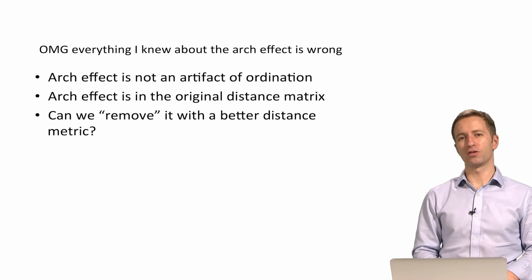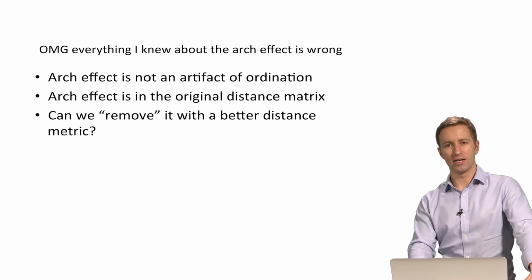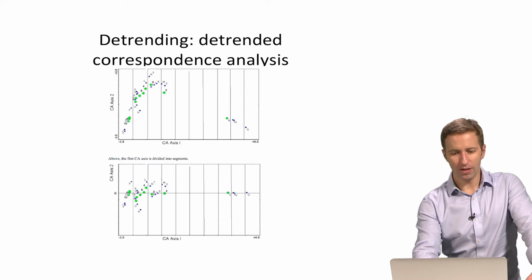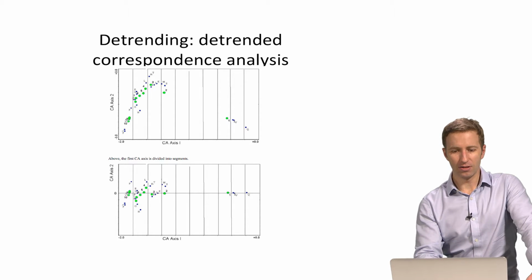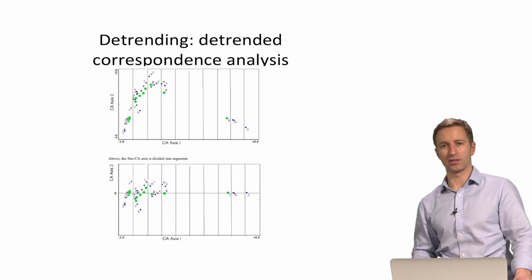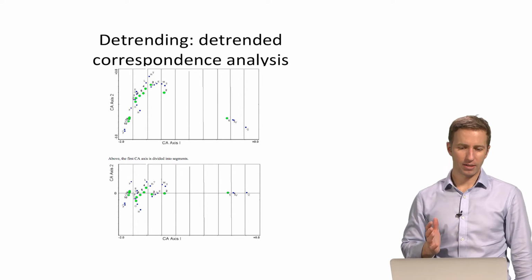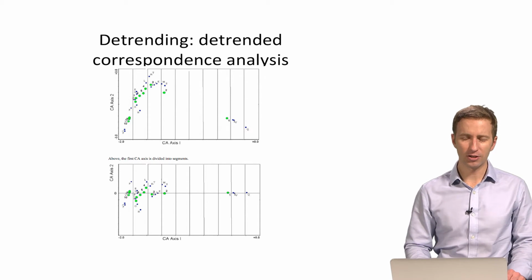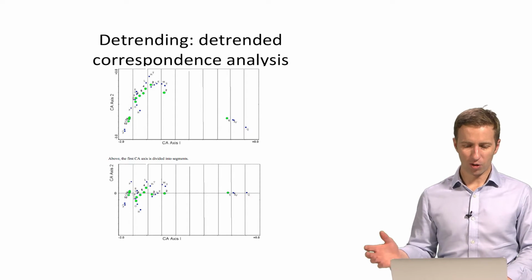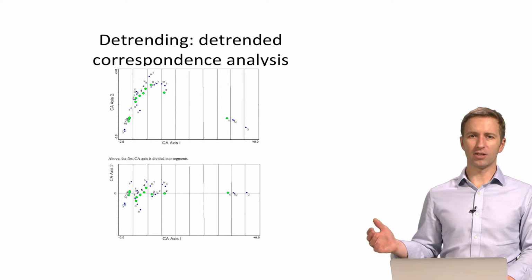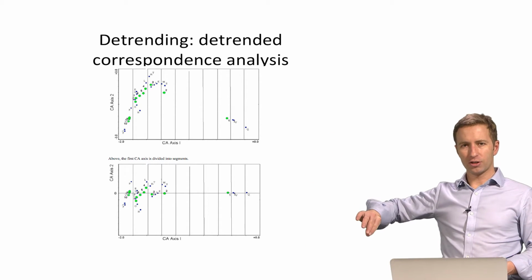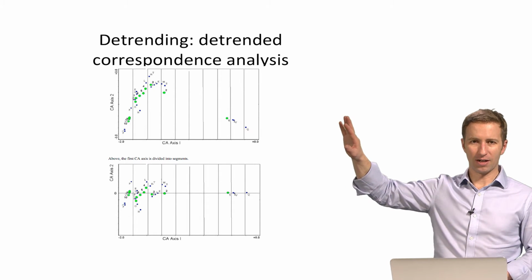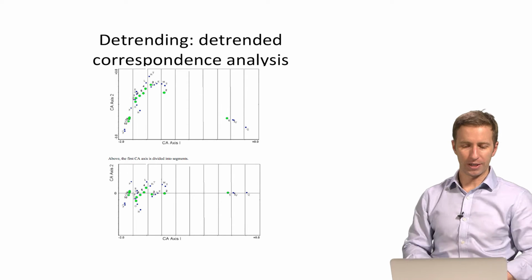Nonetheless, there have been attempts to remove that arch effect, and there's a bit of literature on this. The way that people have done this in the past is usually through detrended correspondence analysis. We haven't gone into depth about correspondence analysis too much yet. We'll do that when we're discussing constrained ordination. But the same thing would apply to principal coordinates analysis. So basically you do the ordination, you get an arch, which could go down or up, because remember the sign of the axes is totally arbitrary.